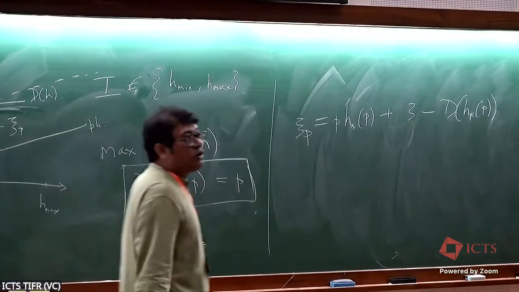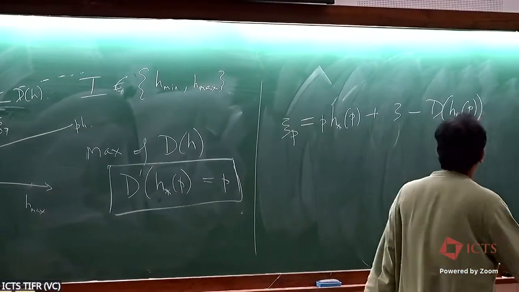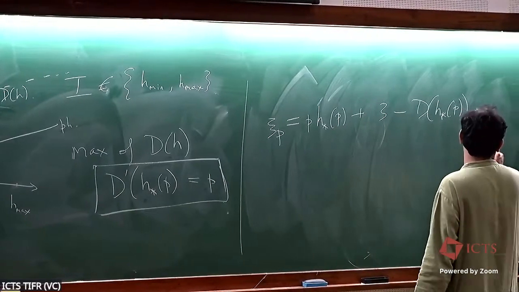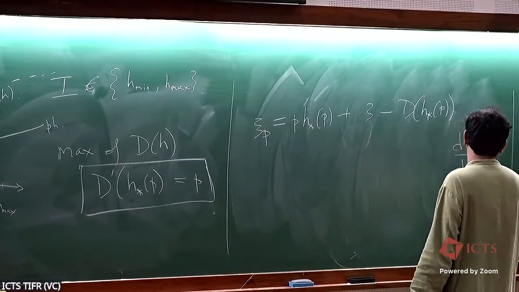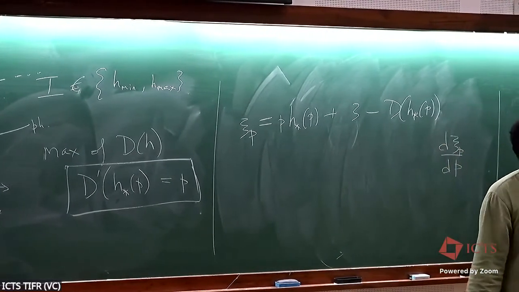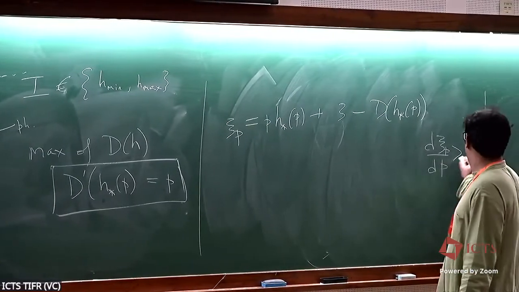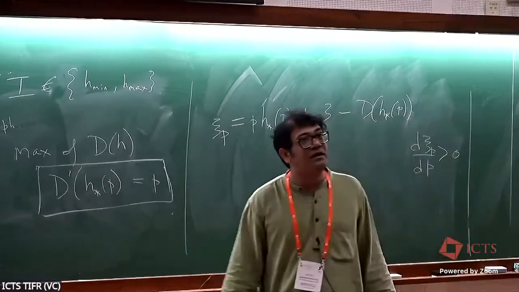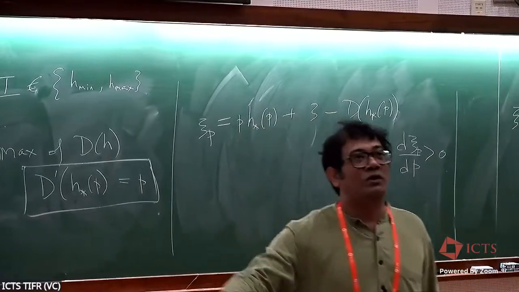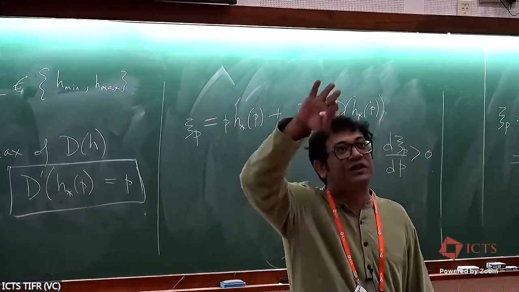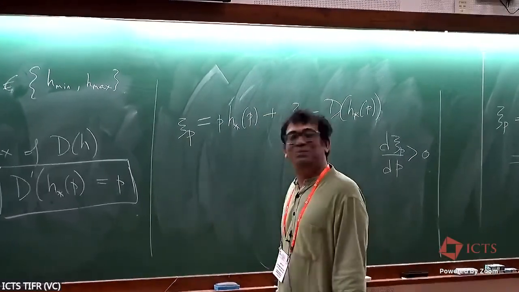To show concavity, I need to show that this will always be positive, right? It cannot go down. Yes, this can't happen. So it has to be positive.